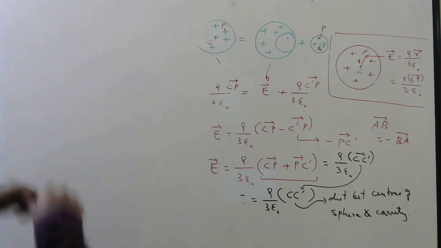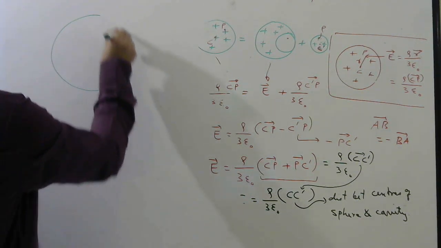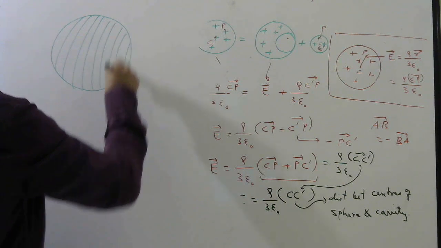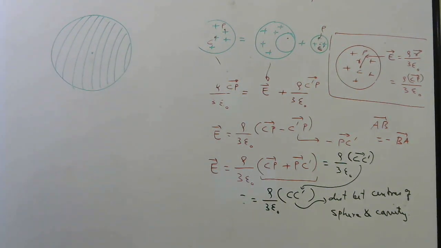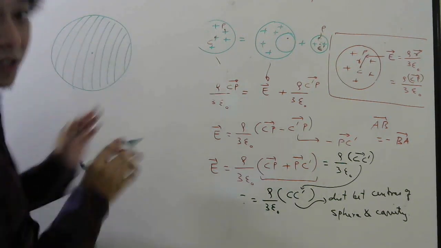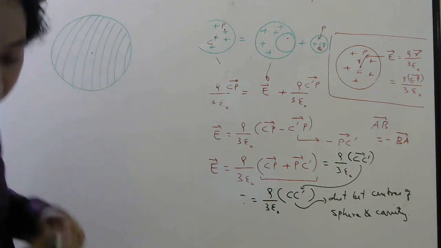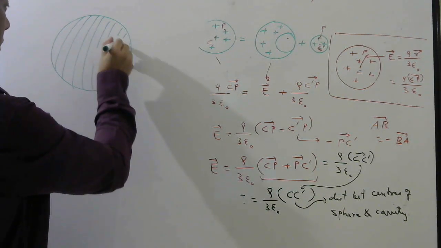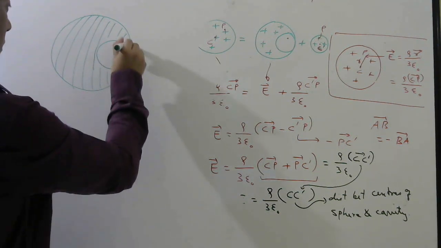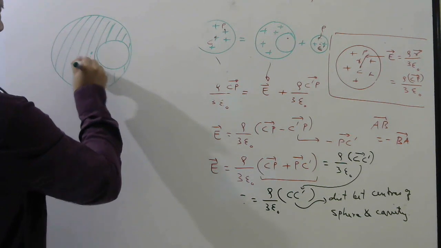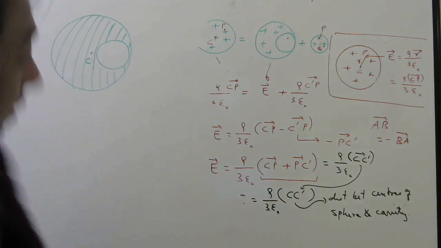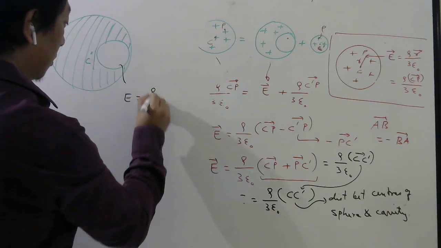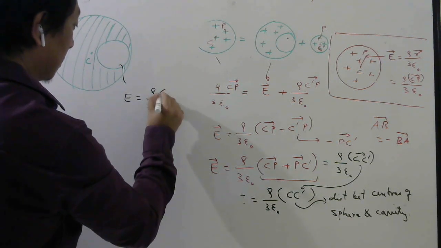If I give you a charged sphere, charged everywhere, with the center here, these lines representing charge, and I make a cavity here with its own center, then the electric field inside the cavity will be constant, and anywhere inside, the formula will be rho by 3 epsilon naught into CC dash.